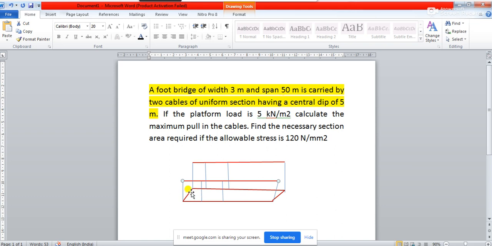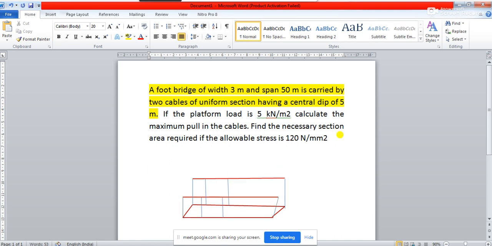So how much is the area of this deck? The area of the deck, very simple to understand this one. If you do not understand at any point, you tell me. So area of the deck is how much? Can anyone tell me? 3 meter multiplied by 50 meter, isn't it?